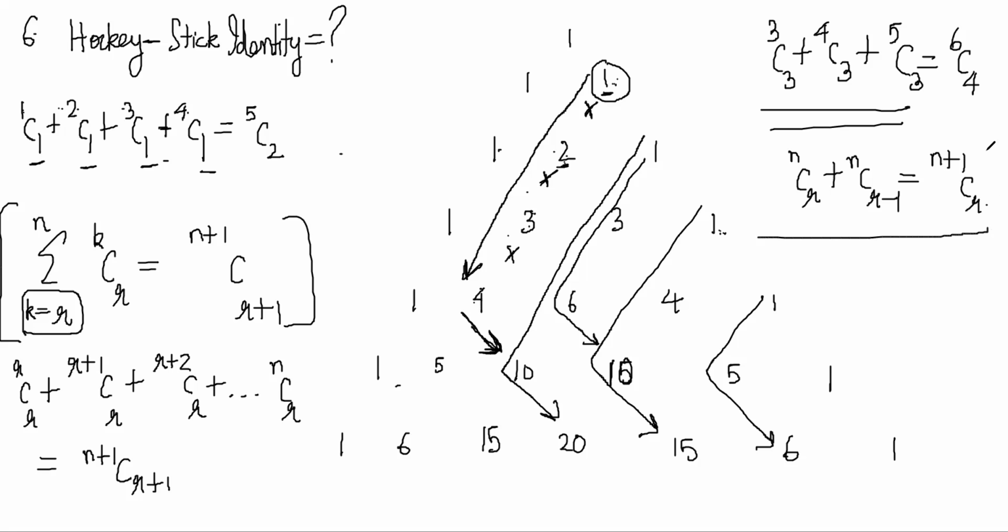And the other one is the hockey stick identity, where from rCr you start and increase the top coefficient until wherever you end, and keep the bottom coefficient constant. The answer is the top part plus 1 over the bottom part plus 1. You can verify it for yourself. It is going to be correct.